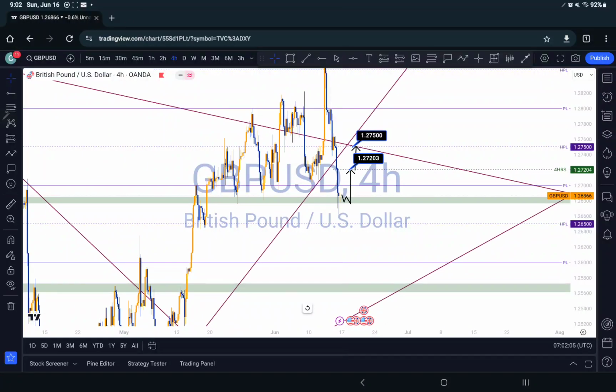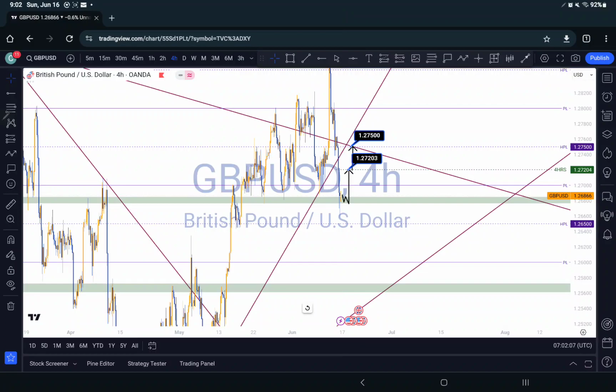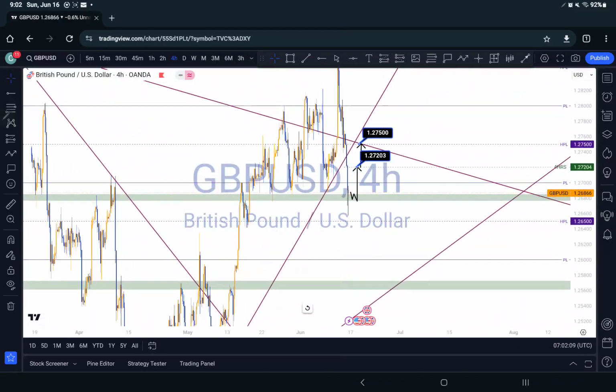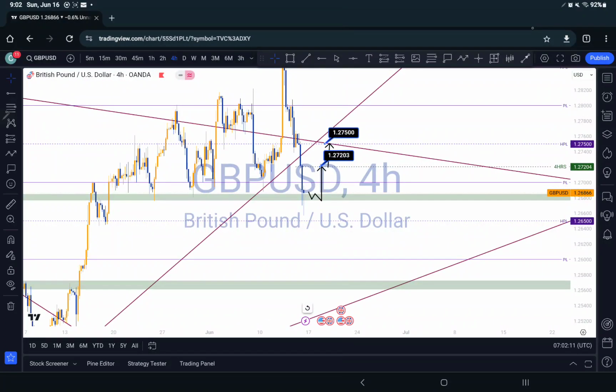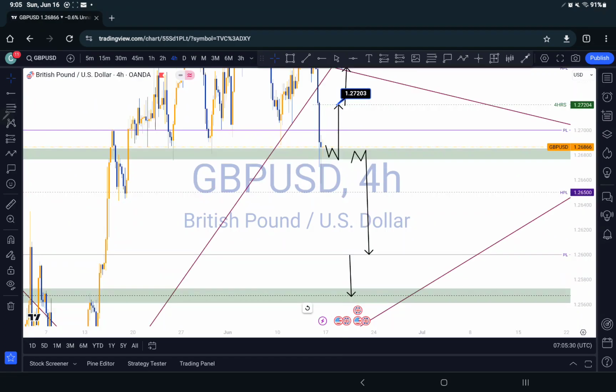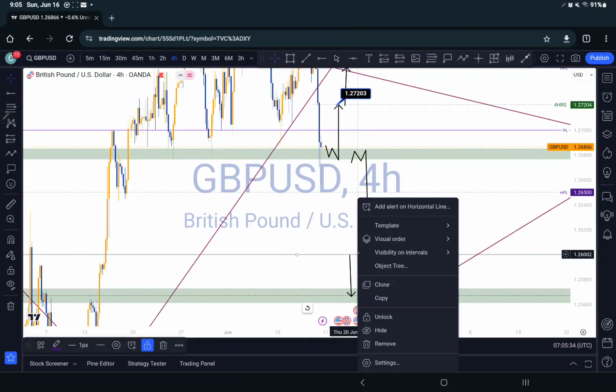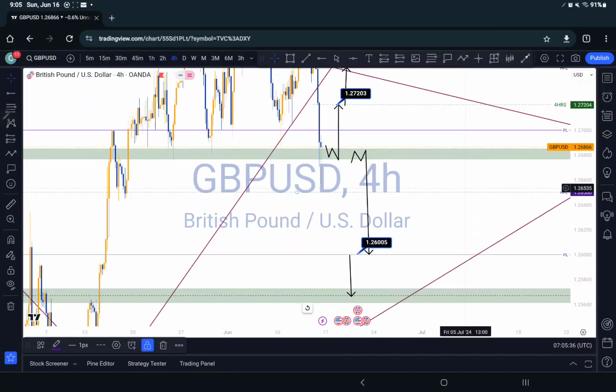If you're looking for a down move, we want it at least come here and break the zone. We test the zone, then this will be a good target around that. So for the down move right here, this will be our TP1 area. TP1 will be right here, and TP2 will be right here.